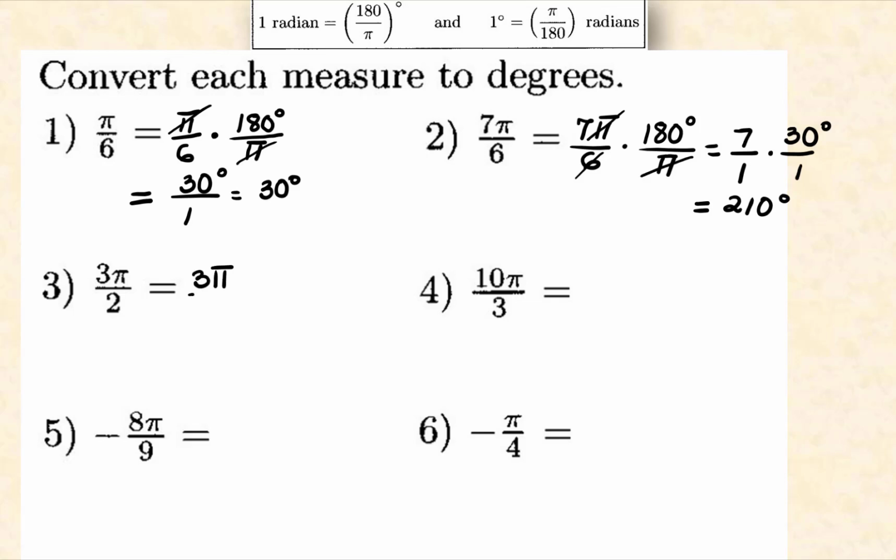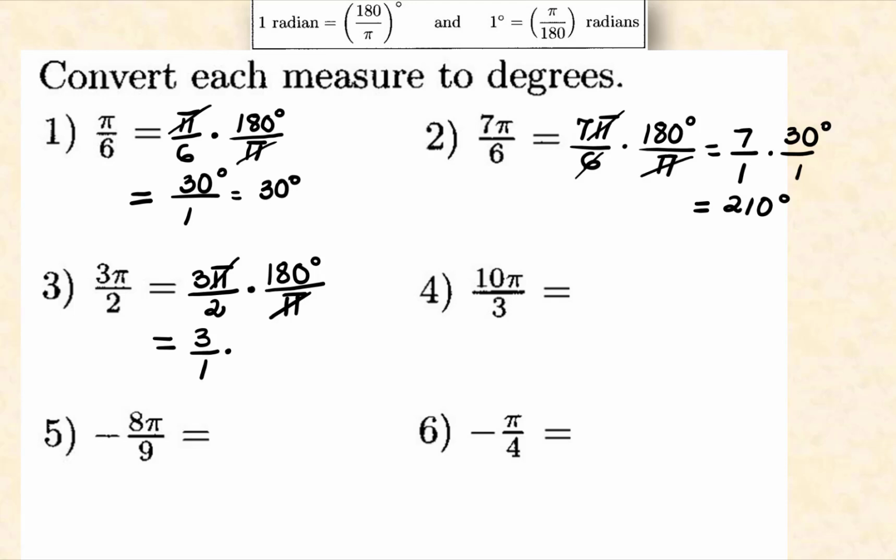3 pi over 2 multiplied by 180 over pi. After canceling pi, 180 divided by 2 will be 90 degrees.